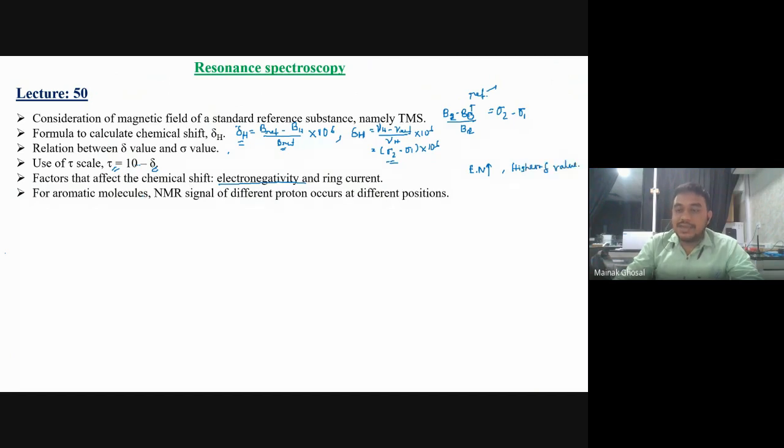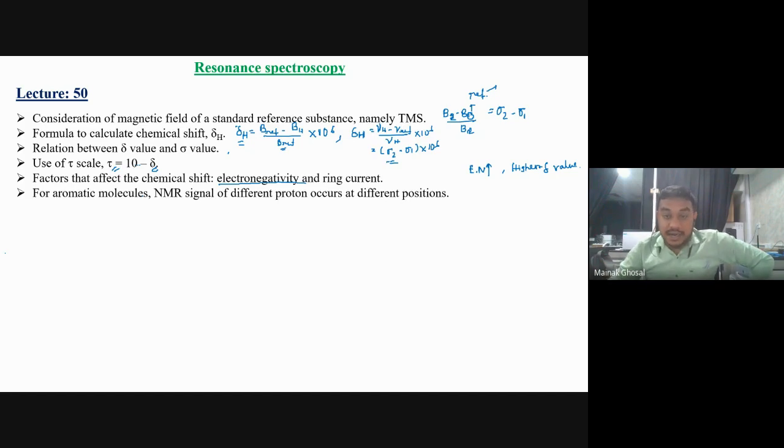That's why you can see in the case of carboxylic acid, it will come at like 11 or 12. When the two oxygen atoms are there, they will take this electron density, and this hydrogen will have very low electron density, right? And since you will have low electron density, your delta value will be higher. So if electronegativity increases, delta value increases.